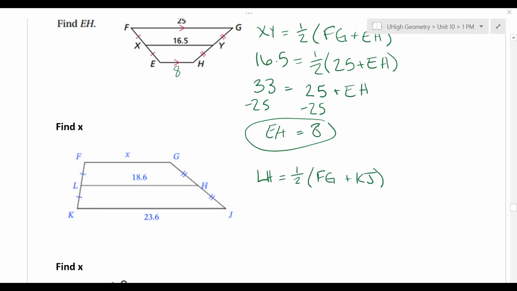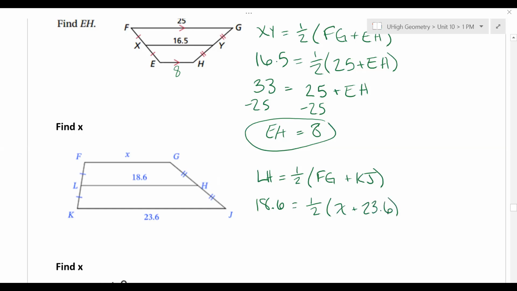So my mid-segment is 18.6, that means that the sum of my bases, I'm going to substitute these values in, has to be equal to twice that amount.